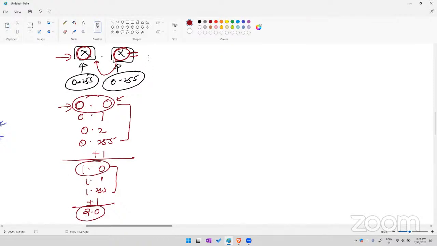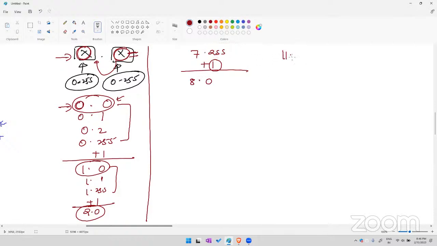Yes or no? Now, same thing. If I am saying 7.255, if you add one more address, which address are we getting now? If 7.255 is the last address, and we add one more address, is it a new address or an old address? This plus one will make 8.0, because 256 is not valid. Okay.